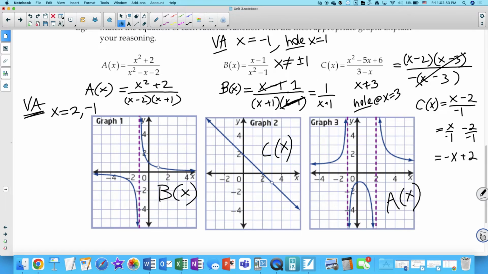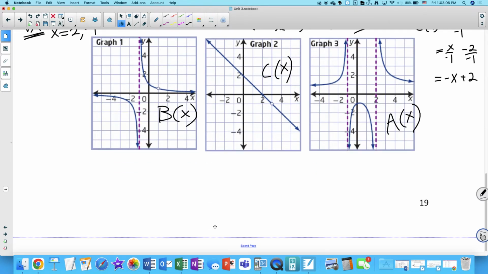Yes. How do we determine when something is an asymptote and when something is a hole? Good question. So when you will get a hole is when the factor that produces a specific non-permissible value cancels. Right?